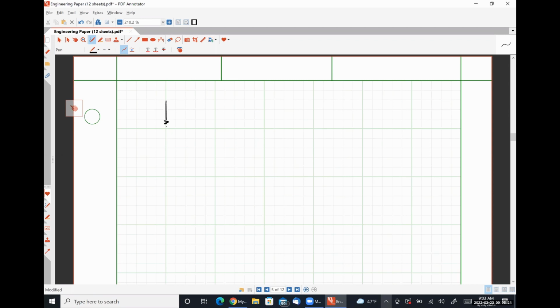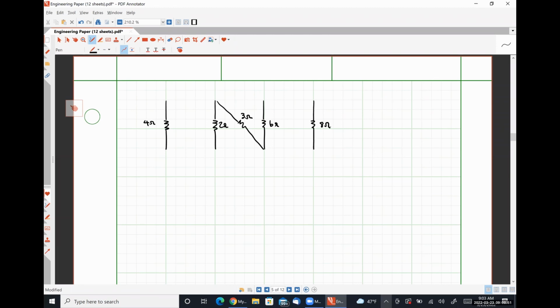So our circuit of interest is going to be this guy. We have a 4 ohm resistor. We have a 2 ohm resistor. We have a 3 ohm resistor. 6 ohm resistor.